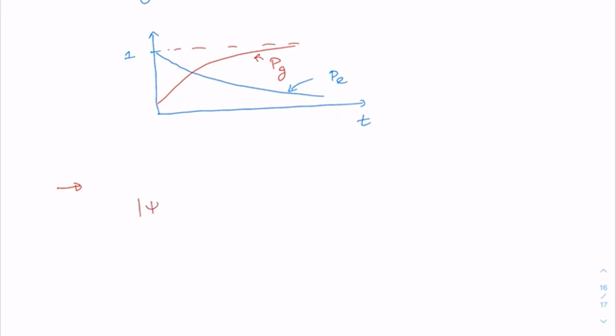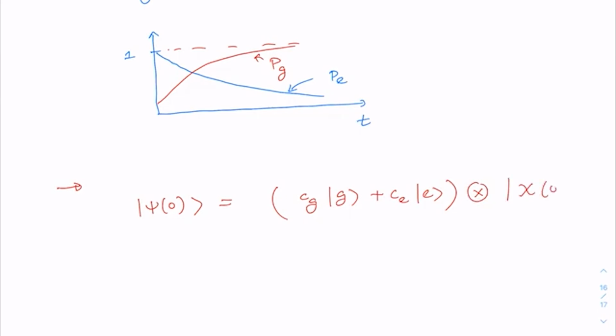Suppose initially the atom is prepared in a state which is a superposition of the ground state and the excited state like this. On the other hand, the field is represented by a vacuum state.